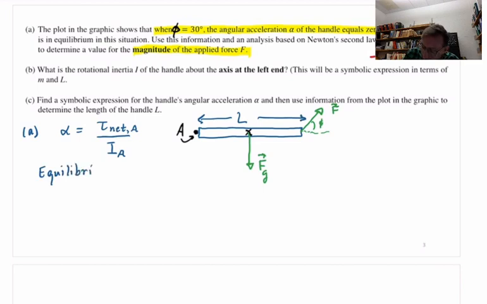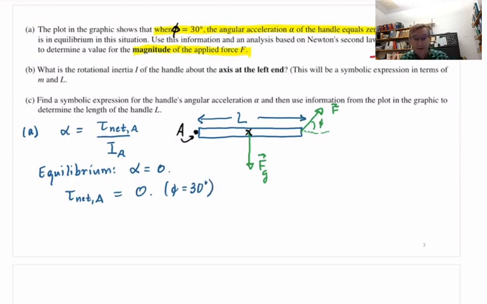That means no acceleration of any kind, including angular. So alpha equals 0. So then Newton tells me that the net torque on the stick about axis A must equal 0. Notice this is only when phi has that somewhat magical value of 30 degrees.